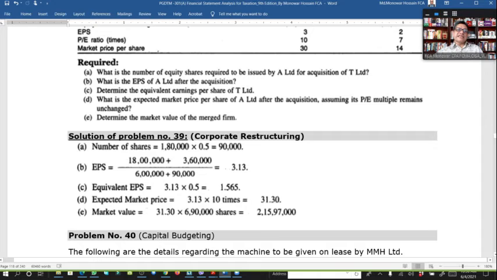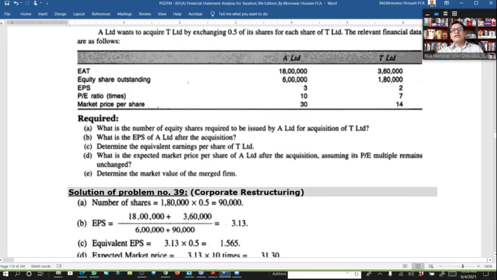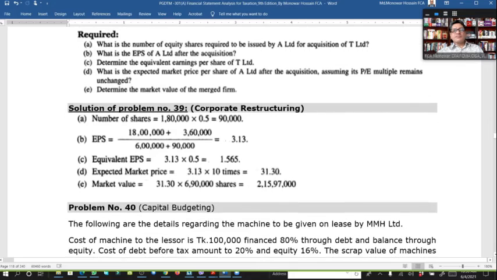So 6,90,000. If we divide, earning per share is 3.13. Before acquisition it was taka 3, but after acquisition it increased to 3.13. So it's a positive thing.